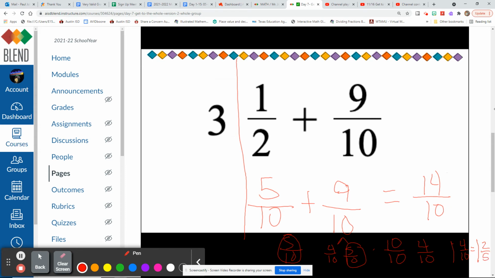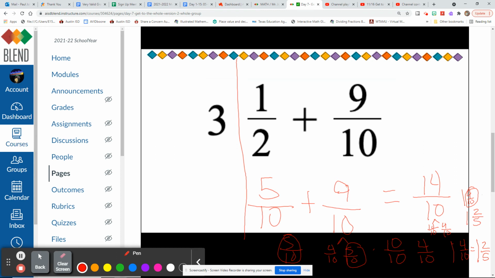Same thing. If we had 14/10, 10/10 and 4/10 would be a way to decompose it, right? That's the same thing as saying 1 and 4/10, which once again is the same thing as 1 and 2/5. We really need to simplify a fraction like 4/10. You should never see a numerator that's even and a denominator that's even without simplifying.